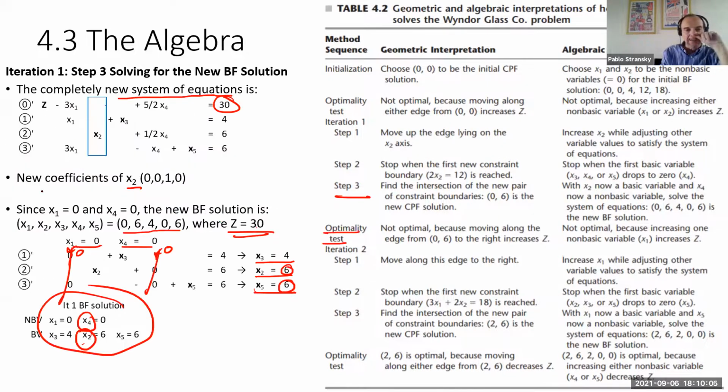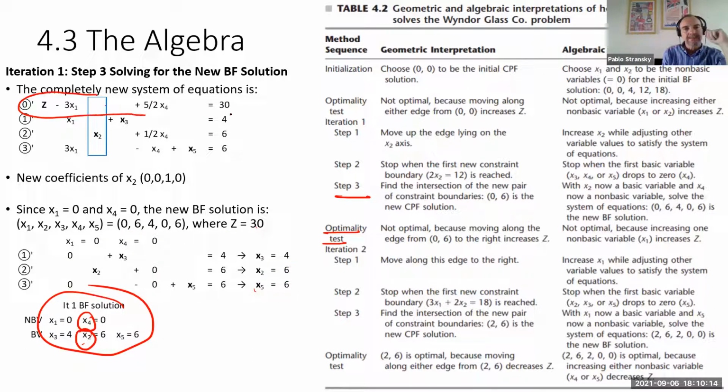I'm going to take this z objective formula, this one. I'm going to put the z on the left side, and this is going to be 30, because this one is subtracting, now it's going to be plus 3x1, and because this one is also subtracting, it's going to be 5x2.